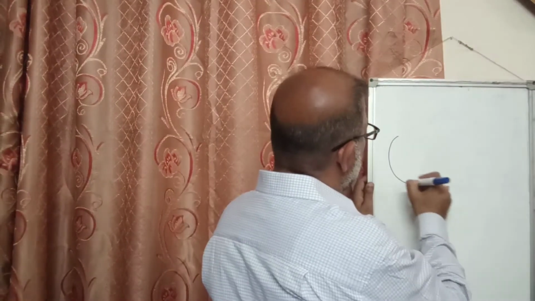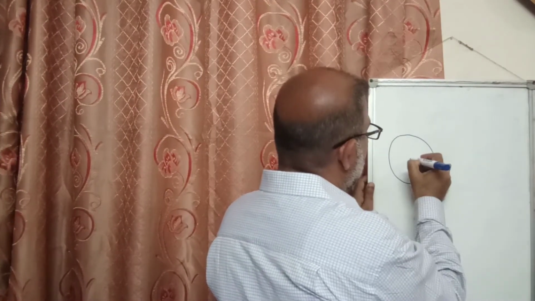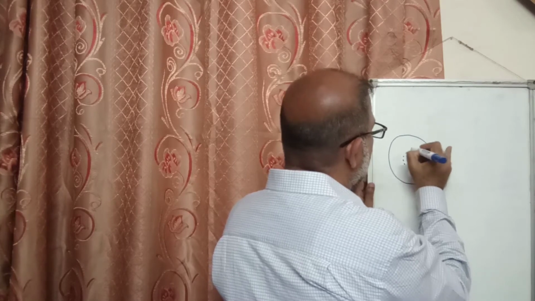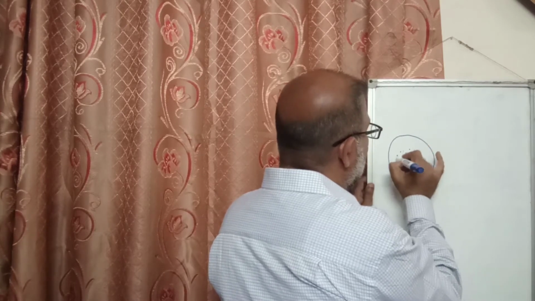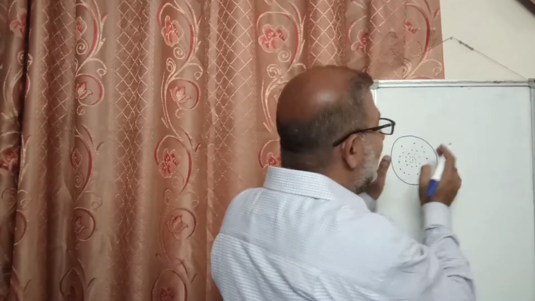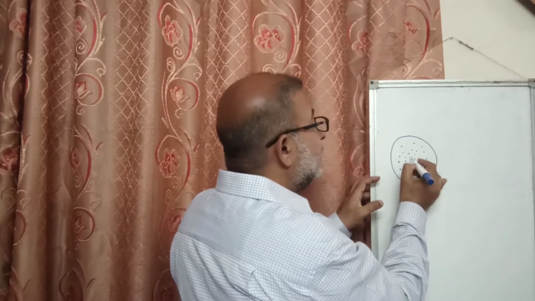You can go to slide number 6, in which there is a cross section shown in the figure. In the center point, the intensity is very high, but as we move away from the center point, intensity reduces.